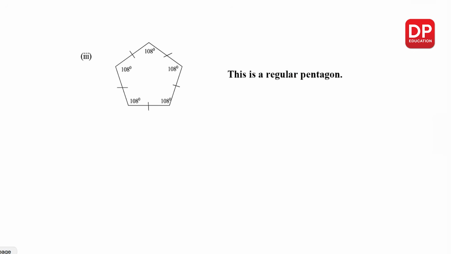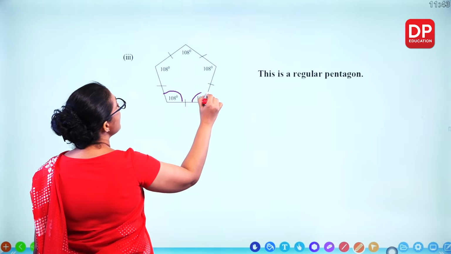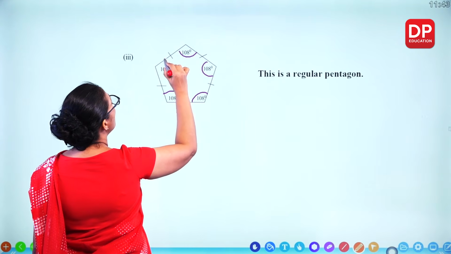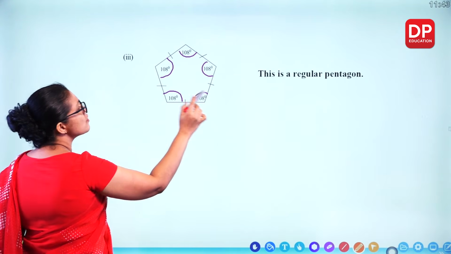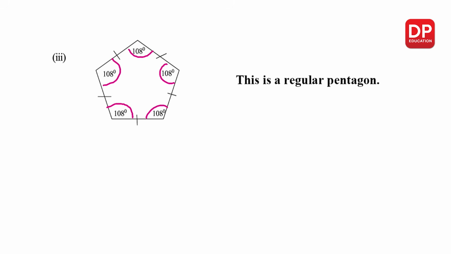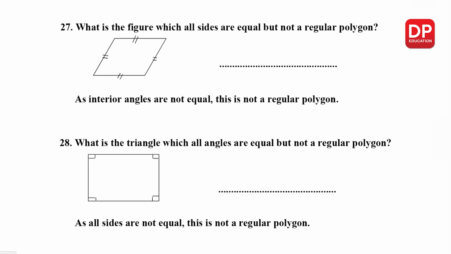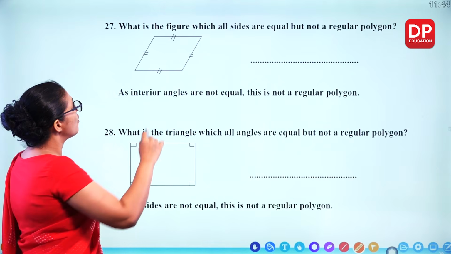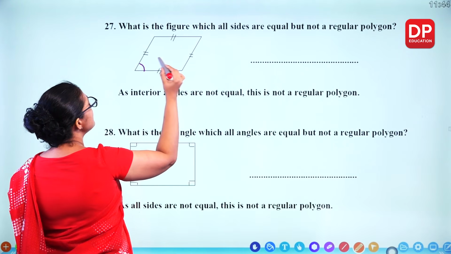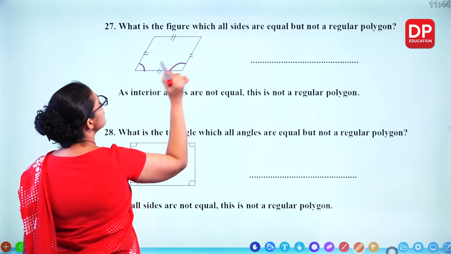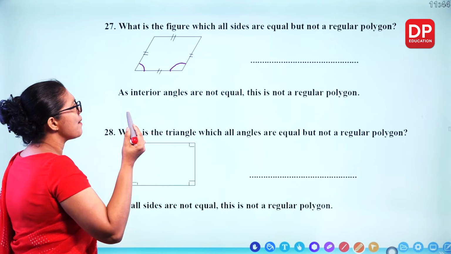What is this one? All angles 108 and all sides are equal. So regular pentagon. What is a figure in which all sides are equal but which is not a regular polygon? All sides are equal, but look at the angles. This is acute, this is obtuse, not the same.